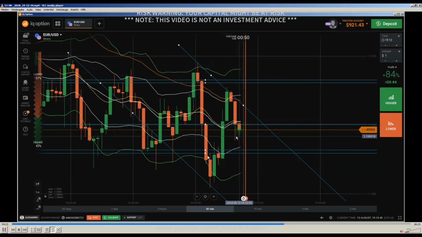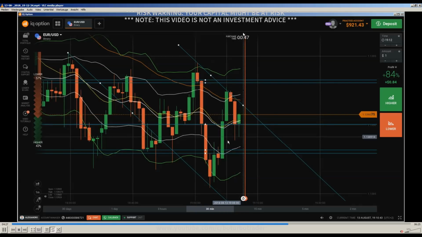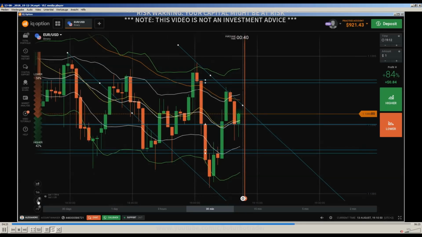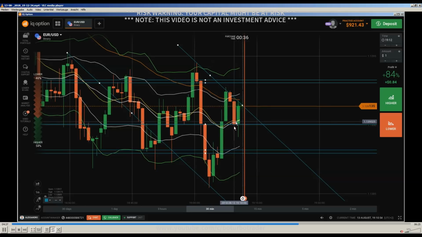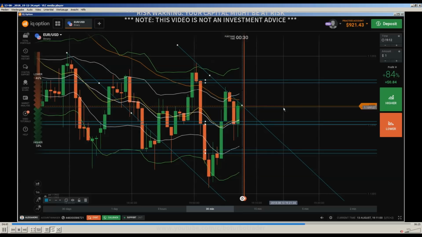Somebody would expect that price would continue going down. And now in the expiration time, price is changing direction and would trick all those traders who would expect that this kind of bearish hammer would be a trend continuation candle, and they would get OTM, out of the money, in the last few seconds.